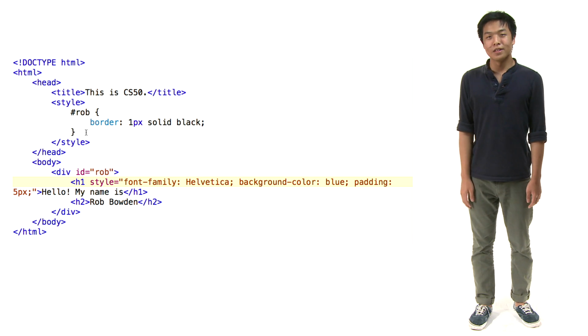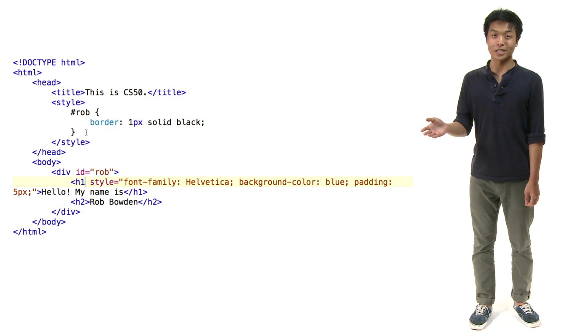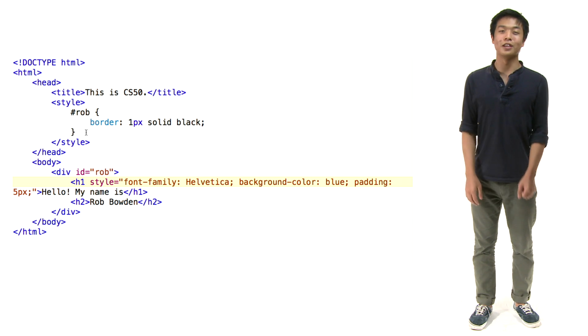Now, what if we wanted to select the H1 inside of Rob's intro? Well, you might think, let's put an ID on it and then move our earlier styles. Now, that works, but CSS has other ways of letting you select elements by using what we call combinators to mix simple selectors. For example, a whitespace character can be used as a combinator to specify all instances of one selector that live inside of another selector.